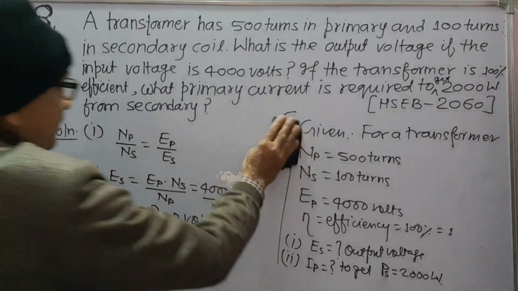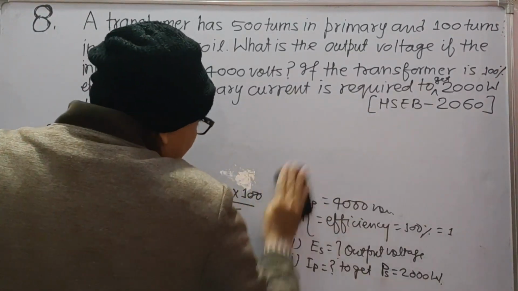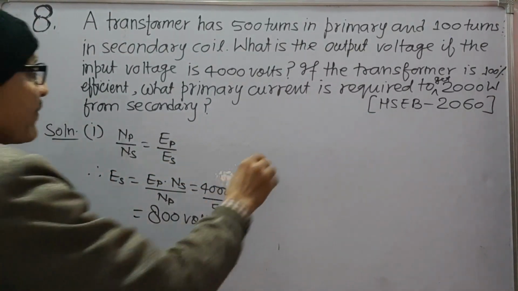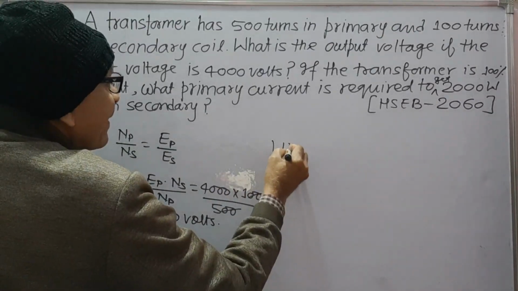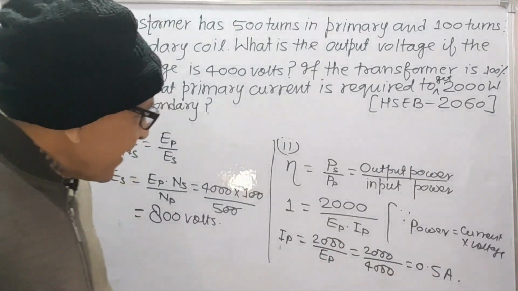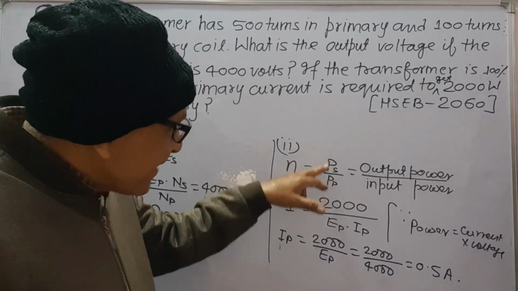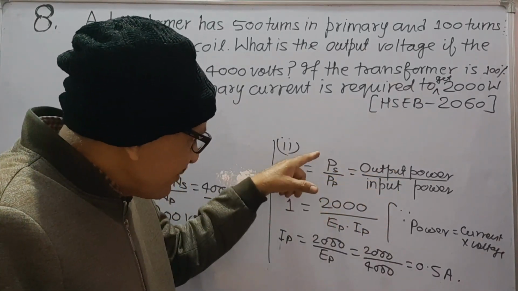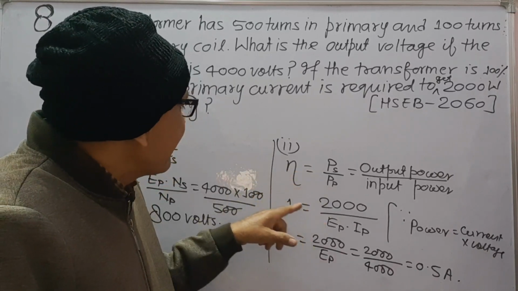Second part. Now second part, efficiency is equal to output power upon input power, that is PS upon P primary.